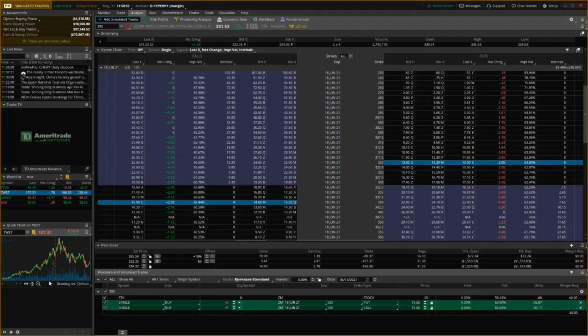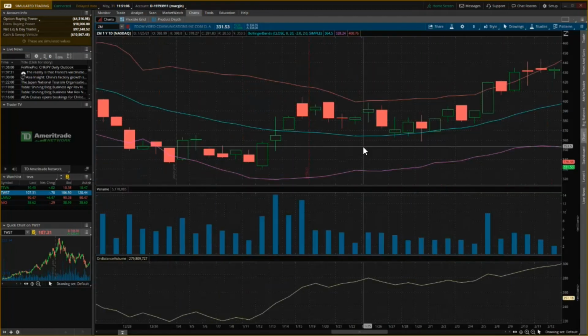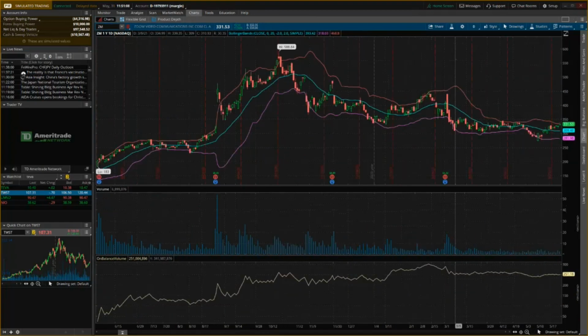So in this case, if you're thinking that, geez, this stock can stay here for a long time, yeah, look at it right now. It reached its peak in those Bollinger Bands, exactly stopped here at 333, as you can see, and also can go down all the way to 280 something.